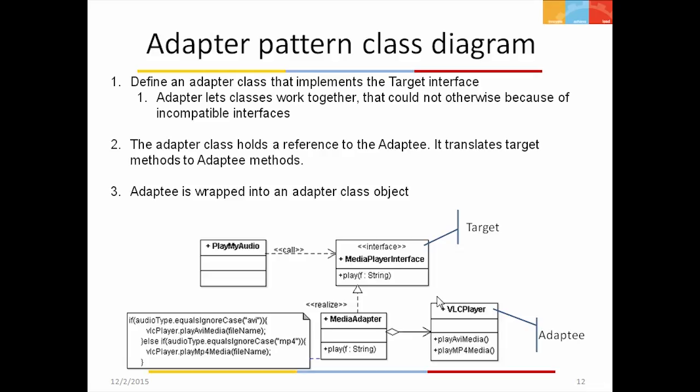If audio type equals AVI, then call VLC player's play AVI media and pass a file name. Or else, if the audio type is MP4, then you can call VLC player's play MP4 media method and pass the file name. So in this case, composition plays a very important role here.